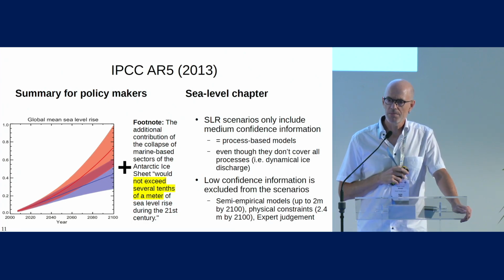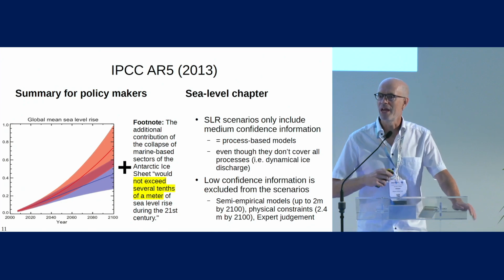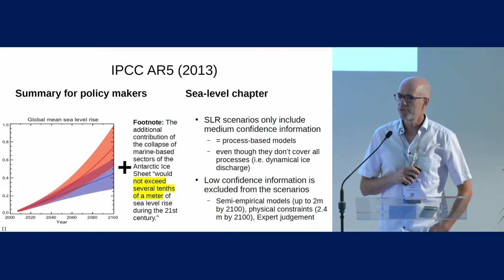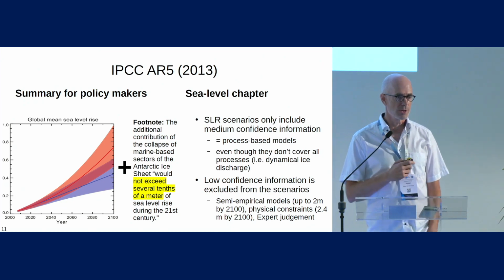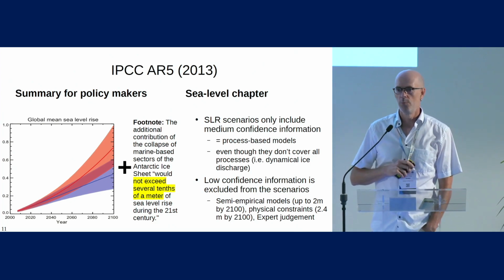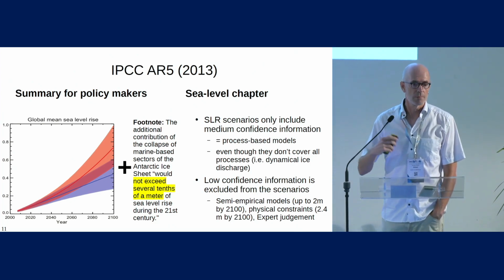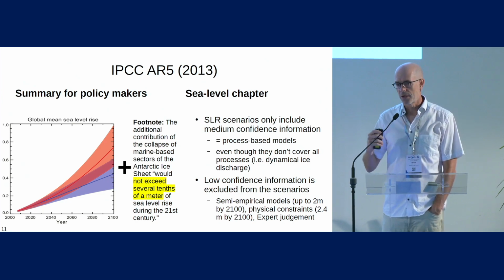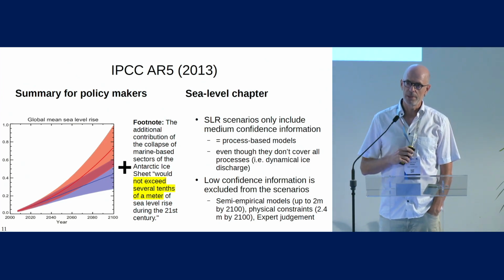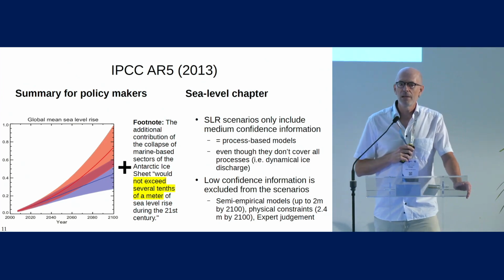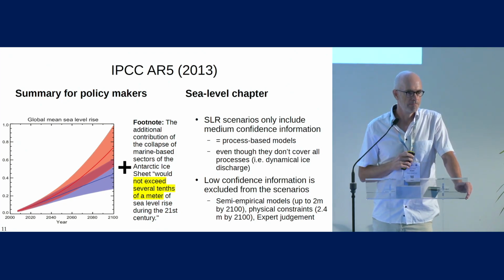It also explained and motivated that. Now we have medium confidence information. Those are the physics-based models, which happen to exclude some of the processes that are relevant, in particular for the rapid melting, but we cannot include them.